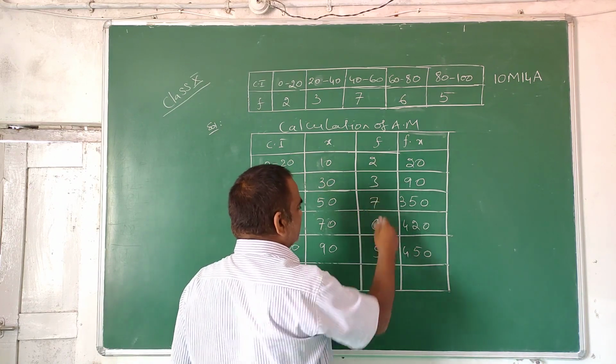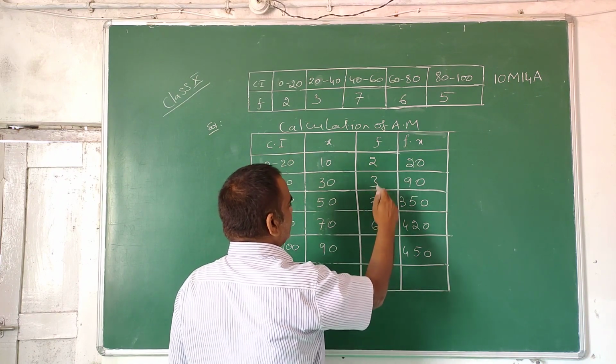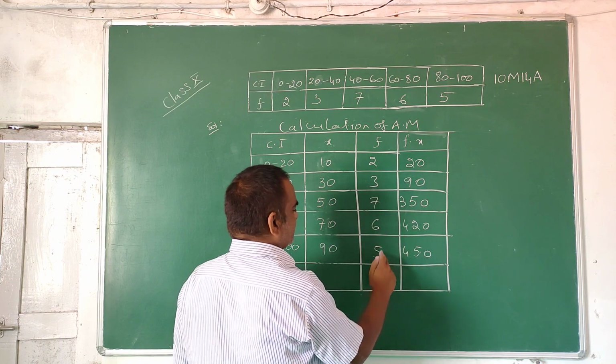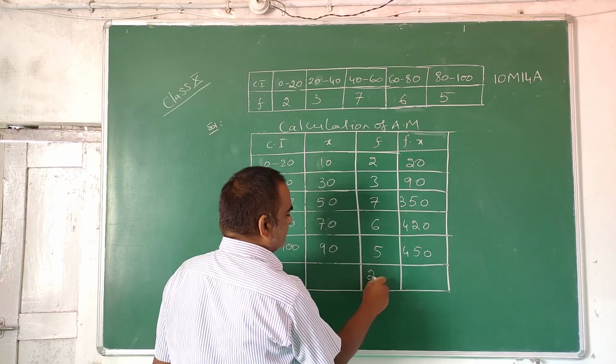You have to add these frequencies and these products. So 3 plus 2, 5, 5 plus 7, 12, 12 plus 6, 18, 18 plus 5, 23. Are you following? This total is 23.